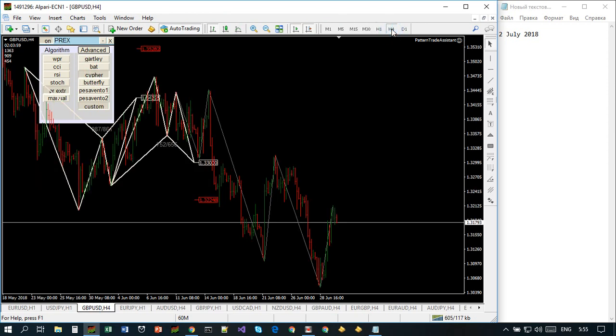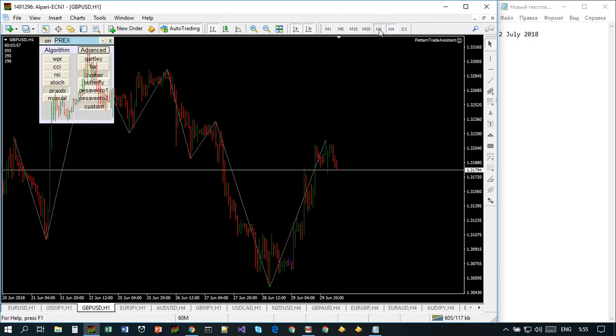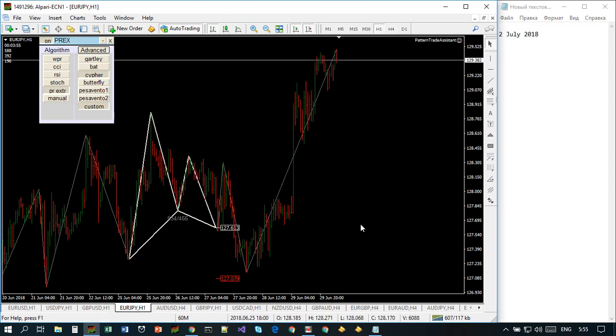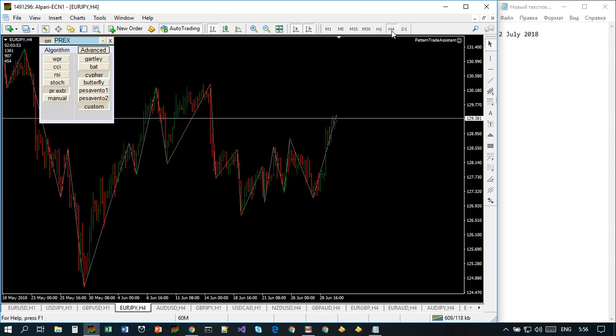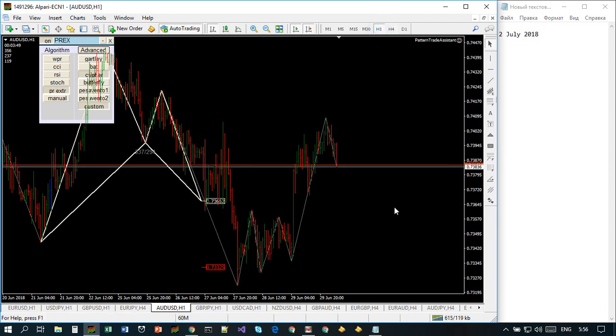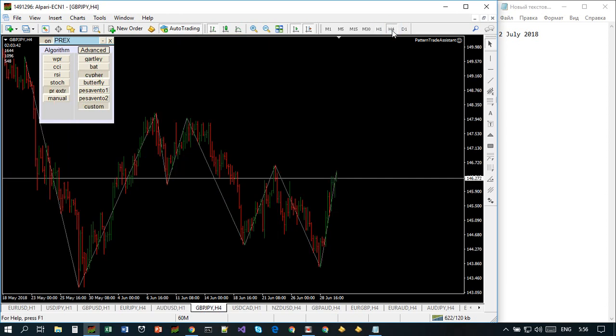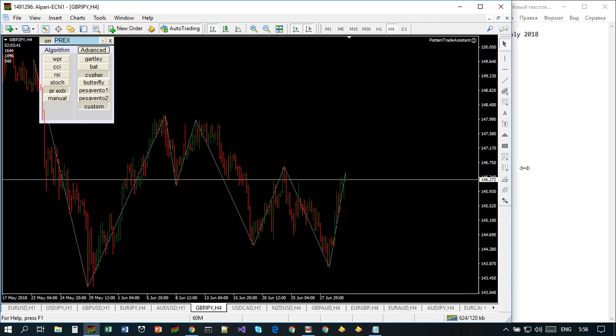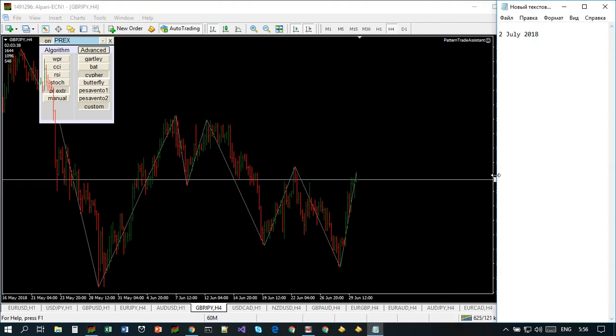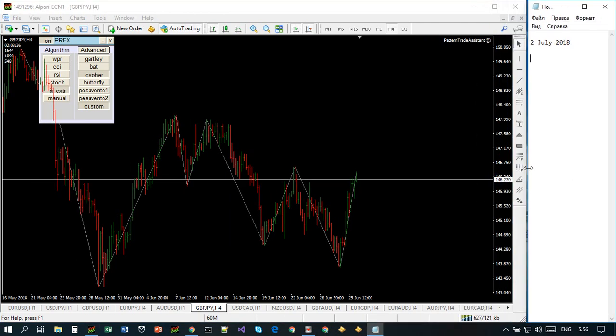Pound dollar 1 hour, 4 hour, nothing is here. Euro yen 1 hour and 4 hour, nothing is here. Aussie dollar, nothing is there. Pound yen, let me make it a bit wider, like this.